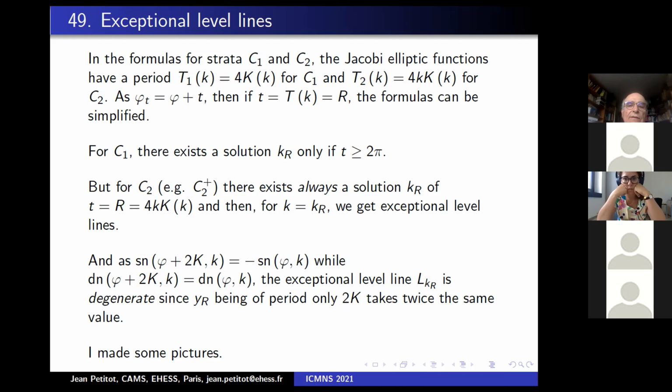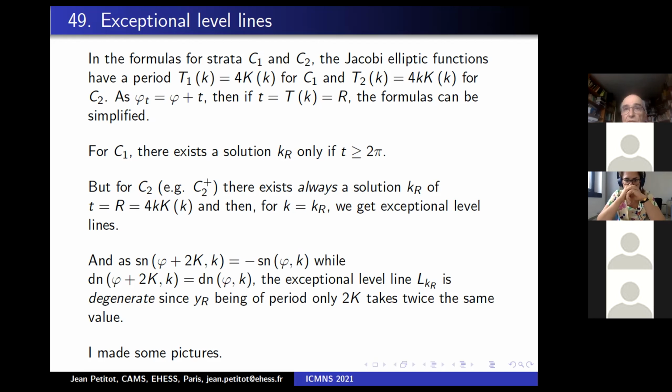And T2, the period for C2, is 4 small k cap K. For C1, you can have a solution of the equation of taking the radius equal to the period only if t is greater than 2 pi.